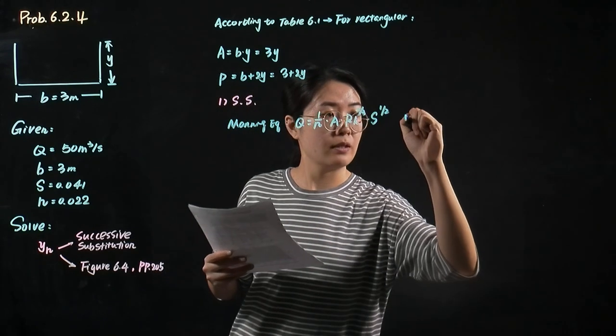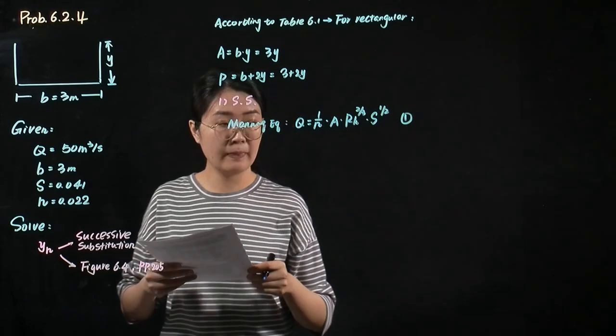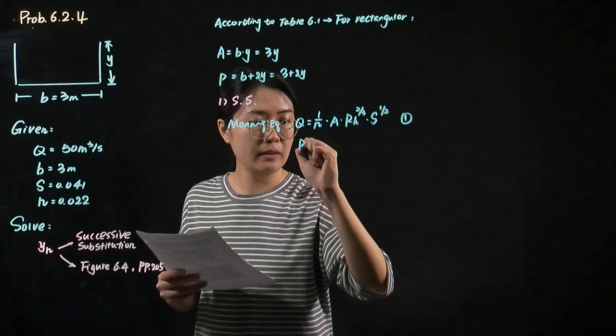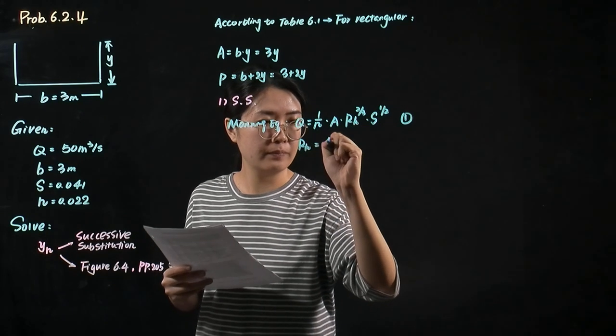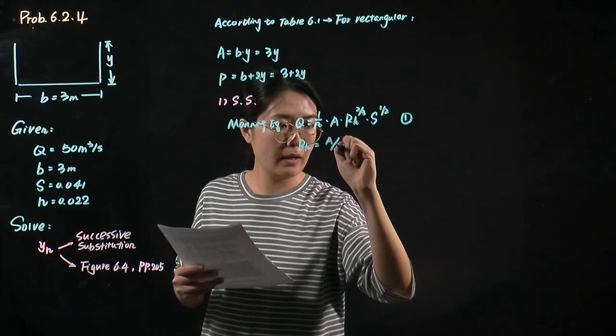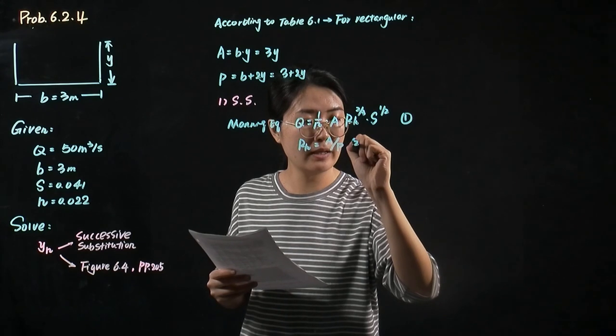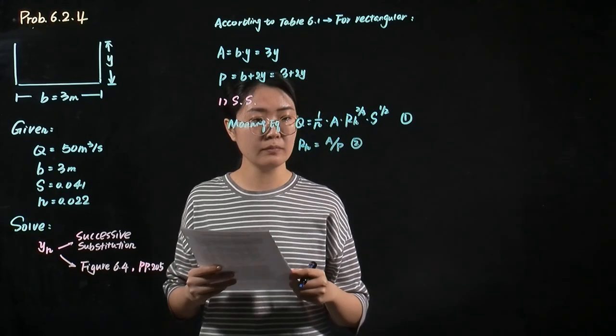We call it equation 1. And we know that the hydraulic radius equals the area over the wetted perimeter. We call it equation 2.